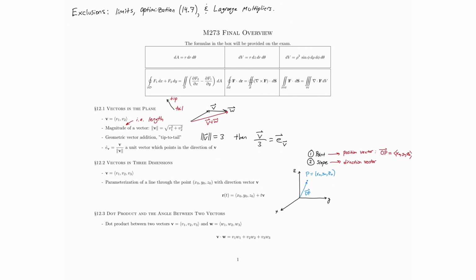The direction vector tells us the direction in which this line extends. Maybe it's this direction. Maybe that's the direction vector. Let's call this direction vector V. Okay, so imagine this vector being right there.